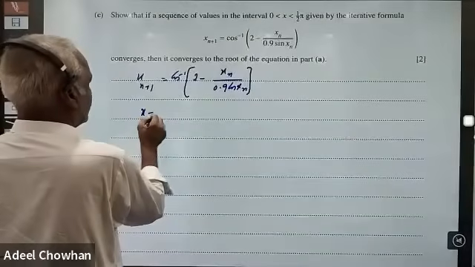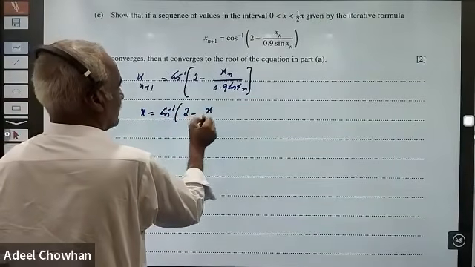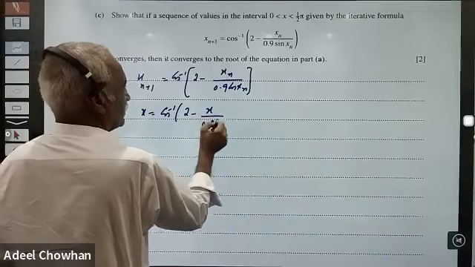It will become X is equal to cos inverse of 2 minus X over 0.9.